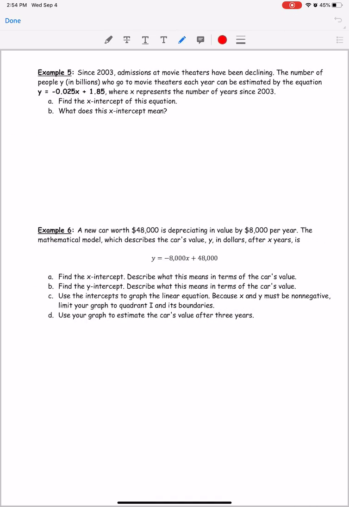Last page, we got 2 more problems. Example 5 says, since 2003, admissions at the movie theaters have been declining. The number of people, y, and that's in billions, who go to the movie theaters each year can be estimated by the equation, it's nice and bold there, where x represents the number of years since 2003.